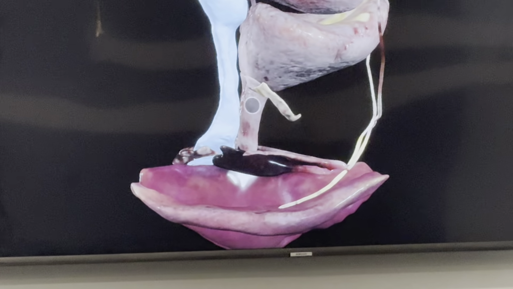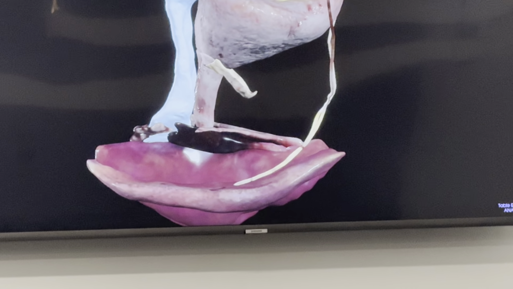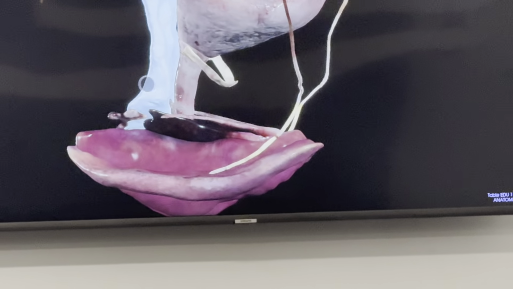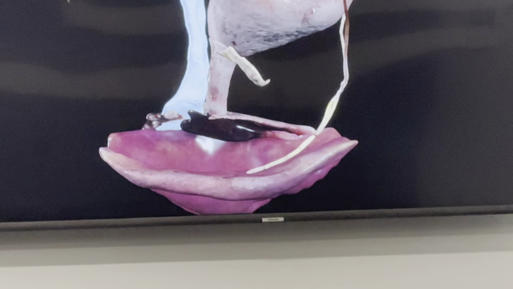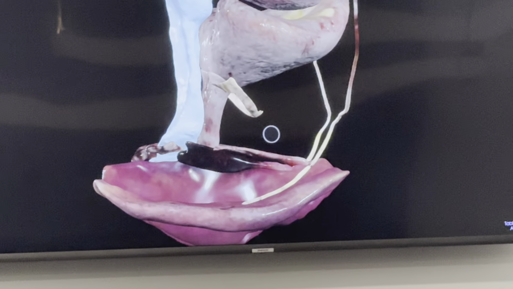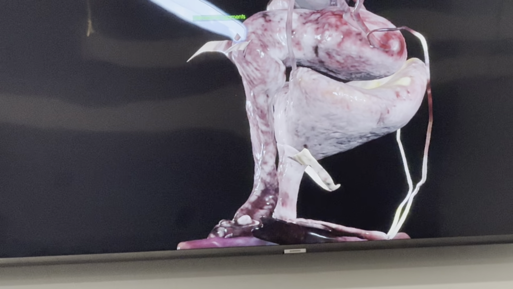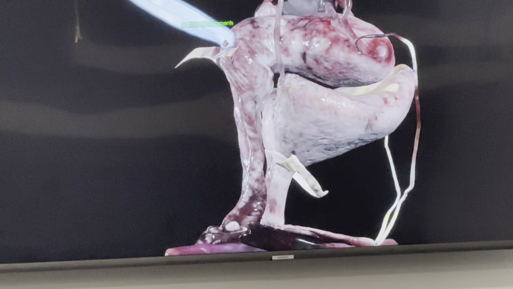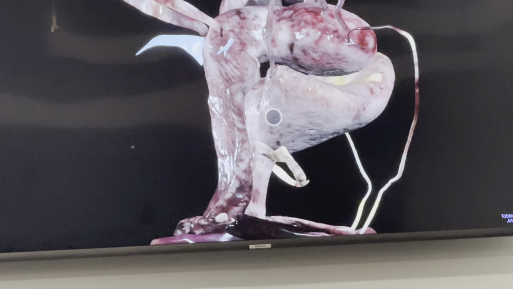And then this is the vagina. When there's no penis, tampon, or baby in there, it's not an open cavity, it's squished a little bit. That's why yours is flattened there. It will expand during intercourse and during childbirth. You do have ligaments holding the vagina in place. This is the uterosacral ligament, which goes from the uterus to the sacrum. And these are ligaments holding the vagina in place.